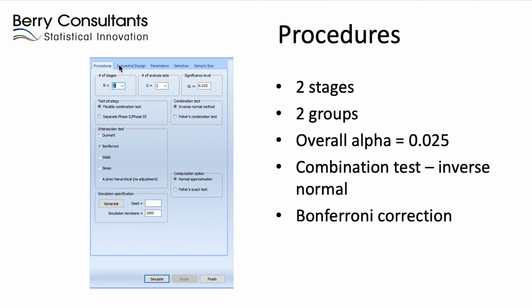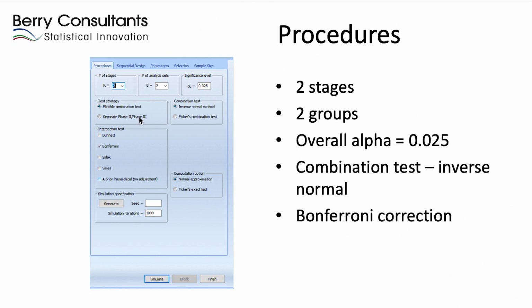On this first tab, which sets up the overall structure of this trial, we specify that we're going to have these 2 stages, the one before the selection and the one after. And we've got the 2 groups, the HR negative subgroup and the whole population, the remainder. And here's where we tell ADDPLAN that we want to use the flexible combination test and use the inverse normal method to combine the p-values.